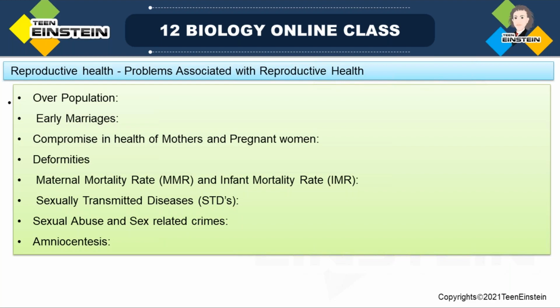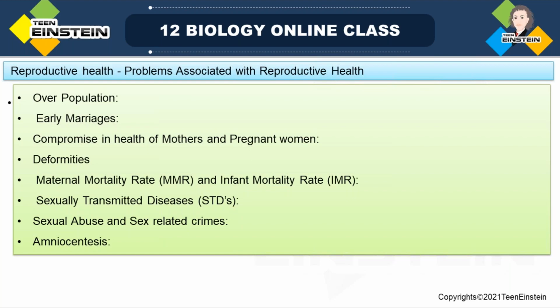So early marriages we were talking about. In some places that system still exists. At a very low age, children are getting married, as soon as they reach puberty or the stage of adolescence, right? This kind of early marriage creates so many issues, like overpopulation.